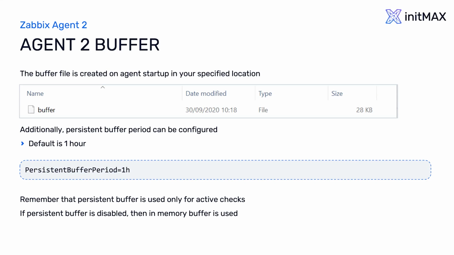If we talk about passive agent checks, then the server or the proxy is connecting to the agent, requesting information, CPU load in this case, waiting for the response, and then closing the connection, right? But if we talk about active checks, then the agent is connecting to the server or proxy, requesting the list of what kind of items it needs to check and how often, then does the monitoring and sends the data to the server or proxy.